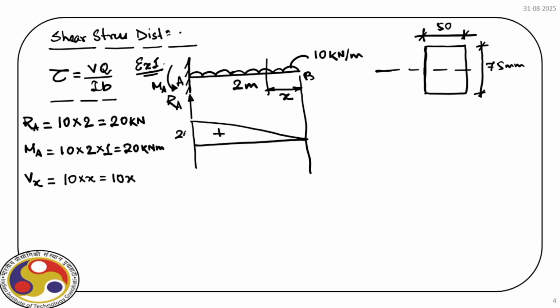So this is 20. Similarly, Mx is equal to 10 times x, the total load, times x by 2, the lever arm. So 10x square by 2, that is 5x square. Again at x equal to 0, the bending moment is 0.